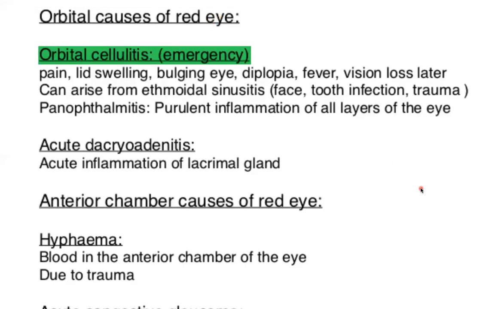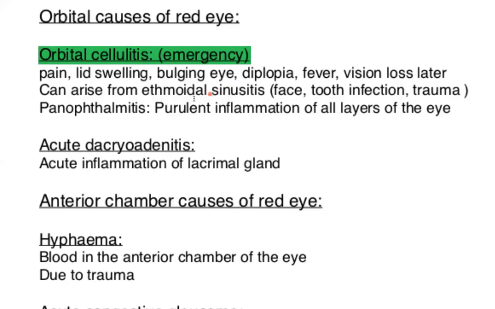Orbital cellulitis بيكون في pain, lid swelling, and usually the lid بيكون fully swollen, the full lid مقفول شط. في bulging eye. diplopia ممكن يكون double vision لو الزول بيقدر يفتح عينه أو في العين التانية. بيكون في fever. If it doesn't get treated بيكون في vision loss. تمام. It can arise from the ethmoidal sinus. So بيكون في some history of some other infection, tooth infection, face infection, حاجة تانية كانت حصلت قبليه.